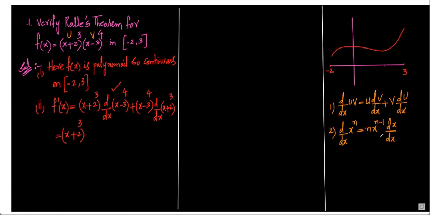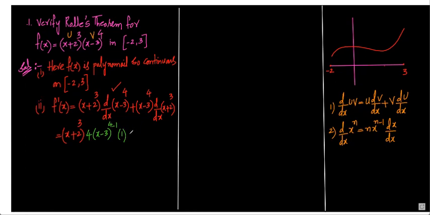As we apply the formula, n is 4, x is the complete (x - 3), power n - 1, which is 4 - 1, into the inner function d/dx of (x - 3). The derivative of x is 1, the derivative of a constant is 0, so the direct answer is 1. No need to go into detail for that.